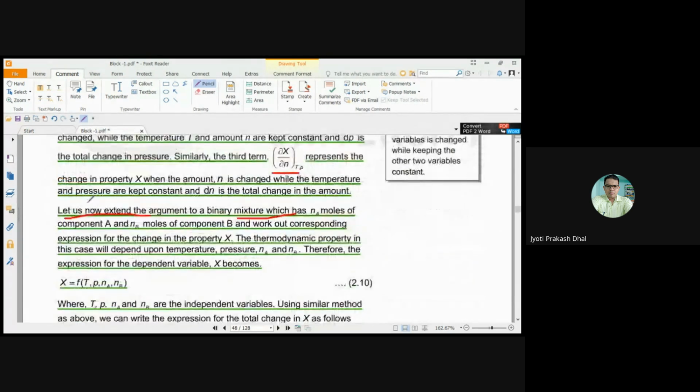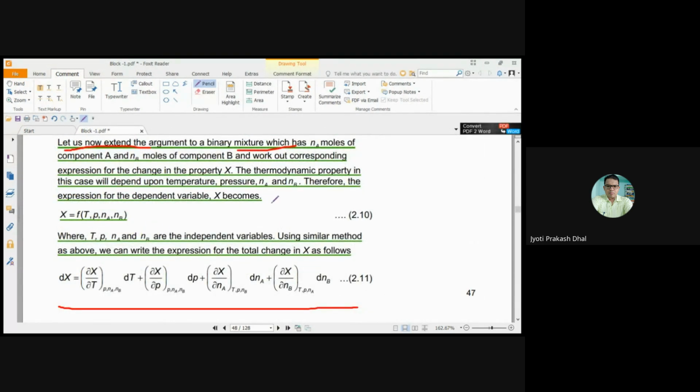If we extend this argument to a binary mixture of two components A and B, where Na moles of A and Nb moles of B are present in the system, we can write X equals a function of temperature, pressure, Na, Nb, where T, P, Na, Nb are the independent variables, but X is a dependent variable.